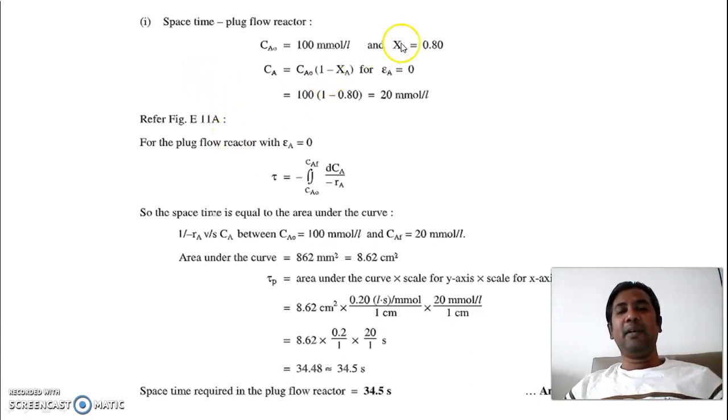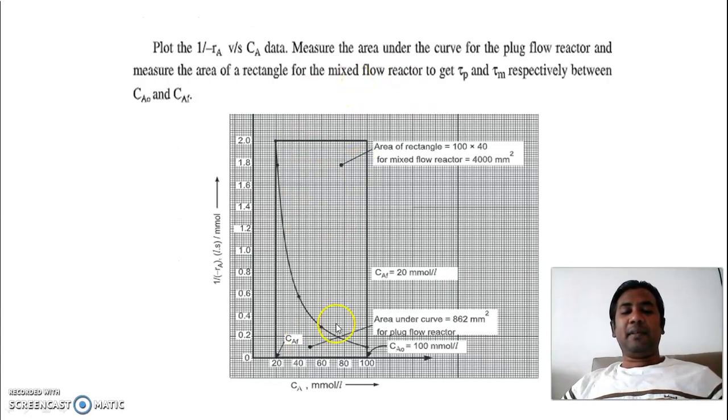So if Xa is 0.8, then Ca will be Ca0 into 1 minus Xa, and the final value of Ca is 20. This is why in the previous graph, whatever graph you have plotted, we have utilized the area between 20 to 100.